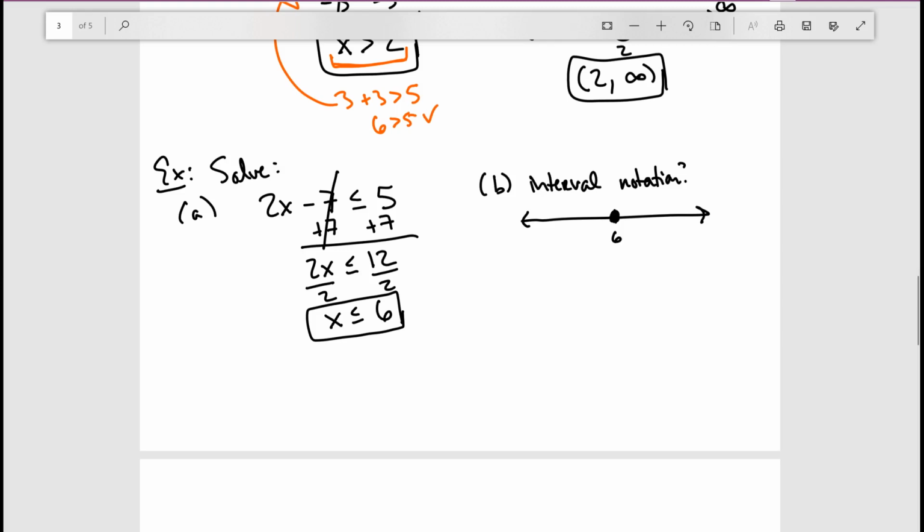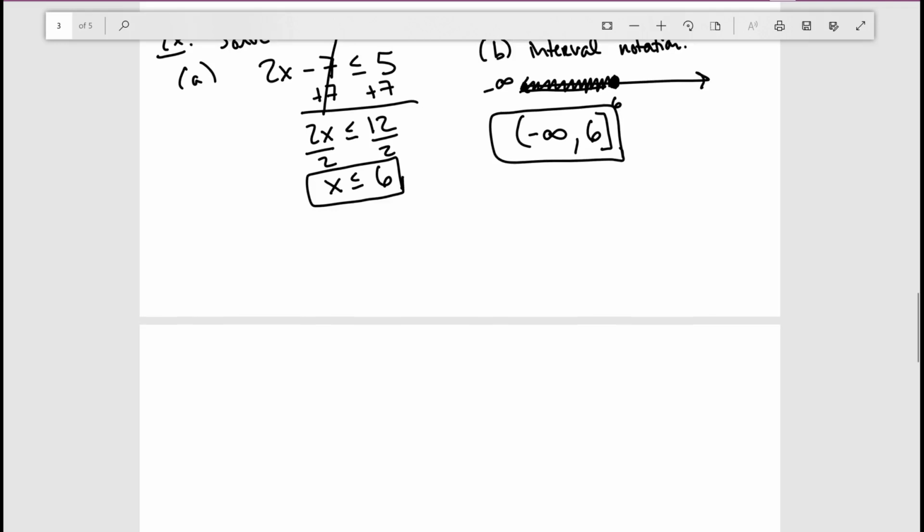So we're going to put a closed circle. Then everything that's less than 6 is over here. Over here is negative infinity. Remember, negative infinity does not have a bracket. It's a parenthesis. So parenthesis negative infinity all the way until I get to 6. And 6 here is included, so we're going to write a bracket. Okay, that is my answer.